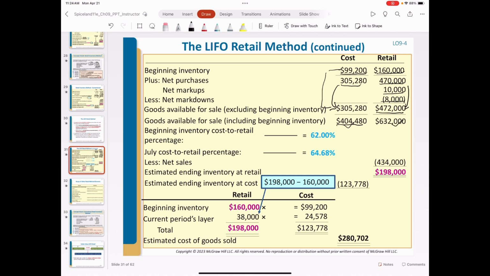We actually have two cost-to-retail percentages, or ratios. One is we use the beginning balance of inventory cost divided by the retail value of the beginning balance of inventory, 62%. The next is we use the goods available for sale excluding beginning inventory to determine another cost-to-retail percentage.